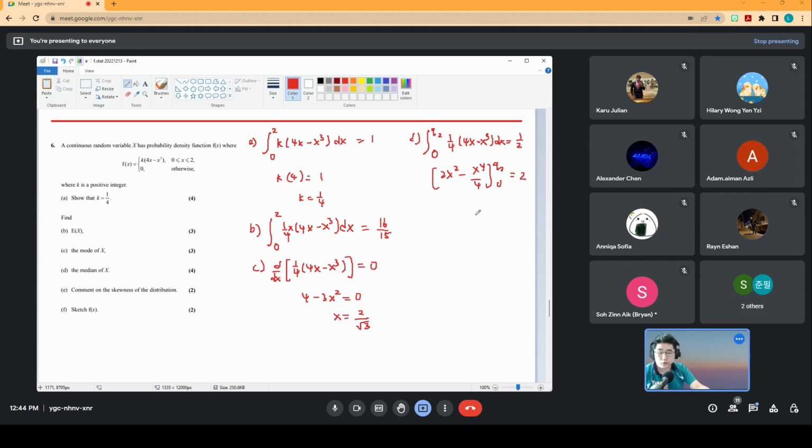How do we solve this one? Now everybody should try to solve this answer.